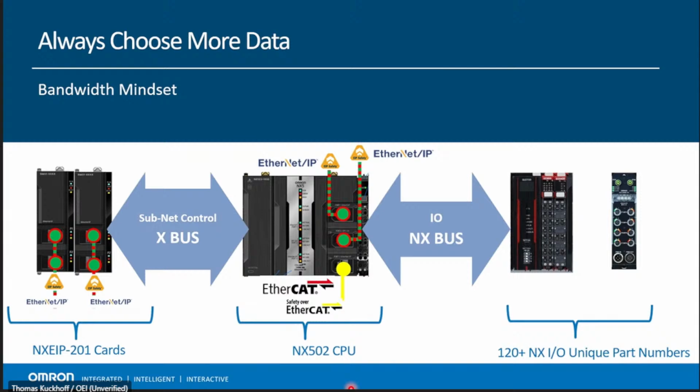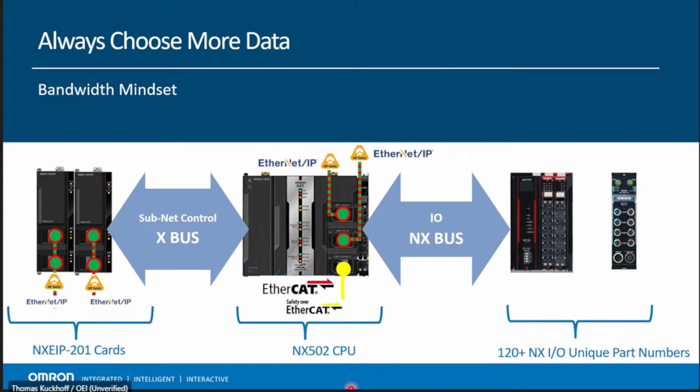On the right-hand side, you're going to see all the same NX-IO that we have available in what we would call our machine level or machine scale controller, which would be something closer to the NX102, all the way up to something that has 256 axes of motion on our NX7. But all of the I/O on the right-hand side has the ability to work with both of those.